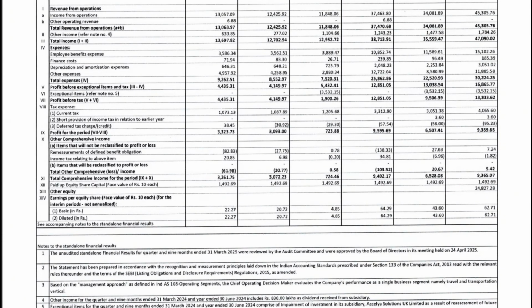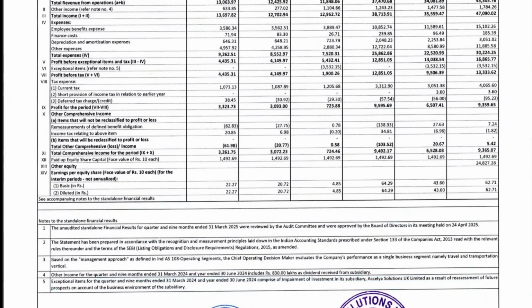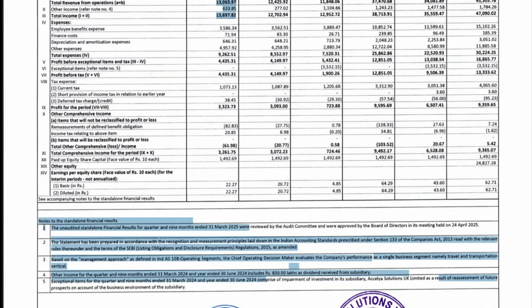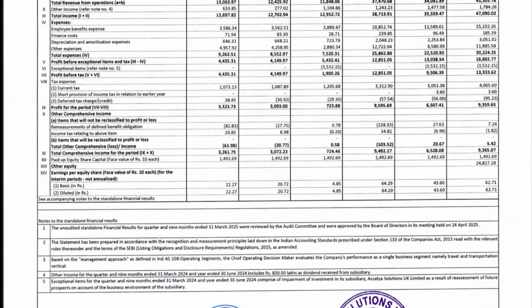So we have the notes here. They have given this exceptional items. See note number 5. Exceptional items for the quarter and 9 months ended 31 March 2024 and year ended 30 June 2024 comprise of impairment of investment in its subsidiary Accelya Solutions UK Limited as a result of reassessment of future prospects on account of business environment.